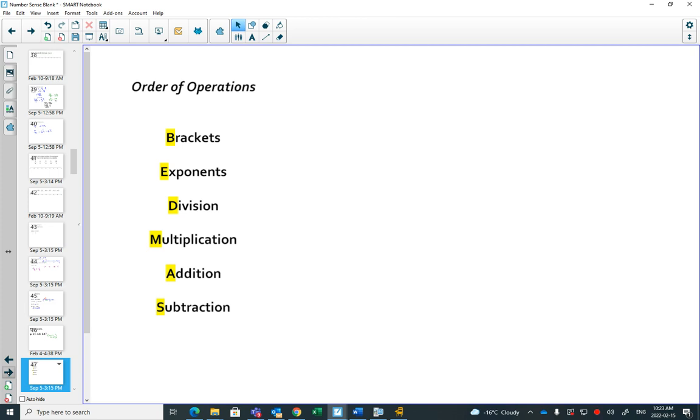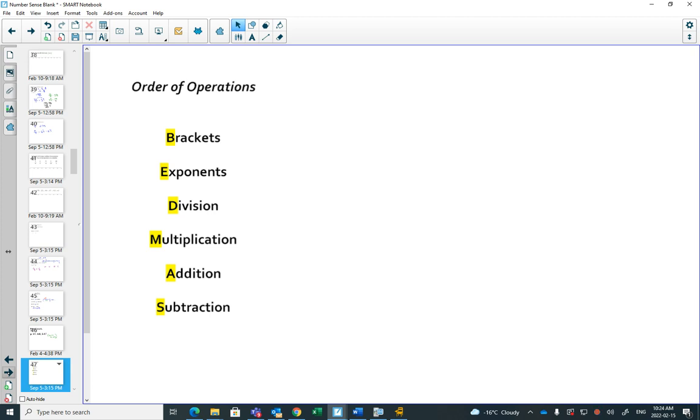And technically, for some of these the order doesn't matter, because you could switch adding and subtracting. You could switch dividing and multiplying. So you could have BEMDAS, but it just doesn't ring, right?